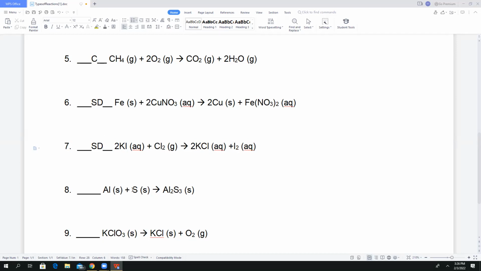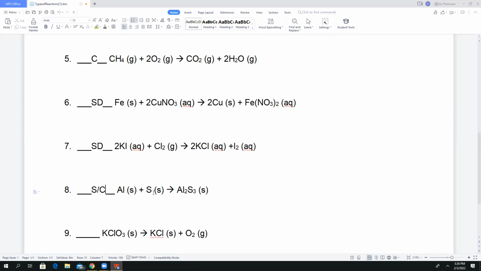This one, it's easy to know what this is going to do because it's single element and single element. So that's just going to combine, this is known as a combination or synthesis. You can call it combination too. So you can just say synthesis or combination. And all you're doing is adding the 2.